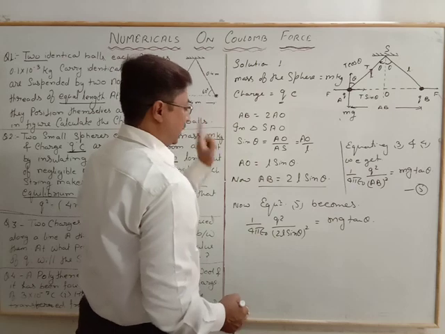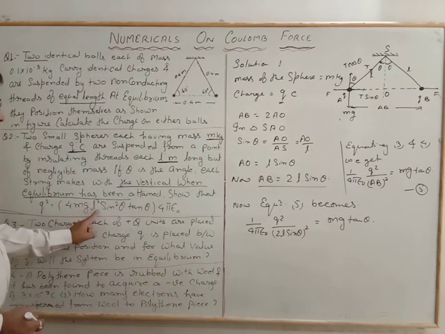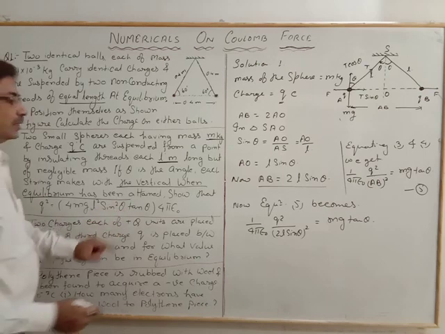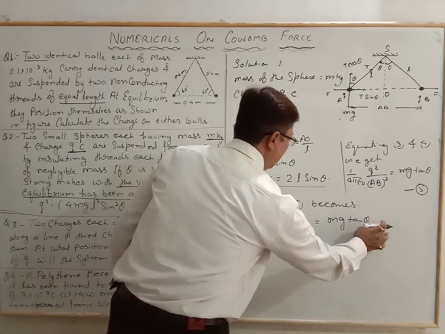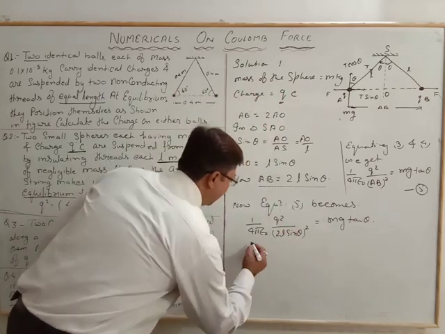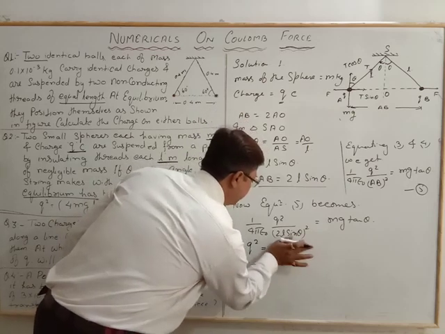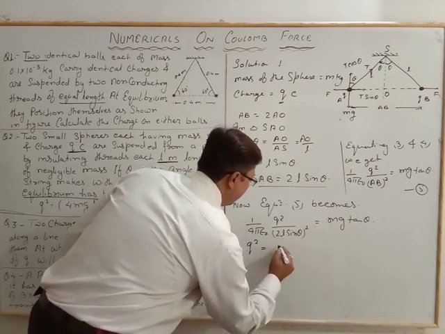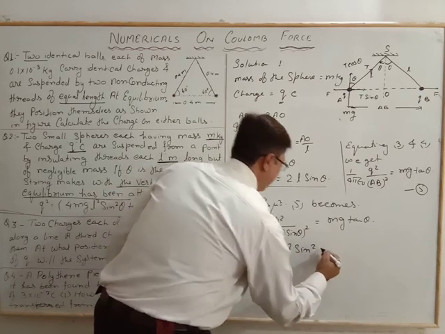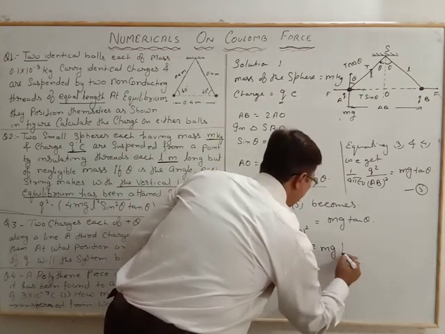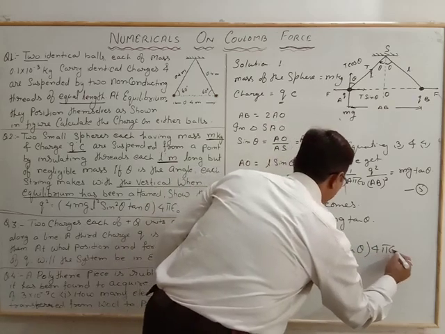We have to calculate Q square, which is equal to 4 mg L square sin square theta. Just bring this denominator to the numerator on the other side. So Q square becomes 4 L square sin square theta mg tan theta into 4 pi epsilon naught.